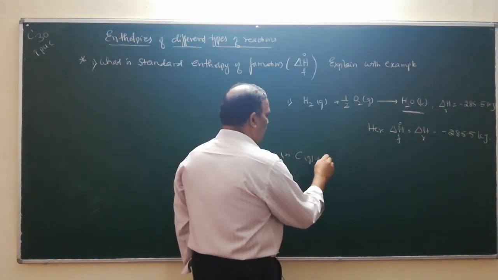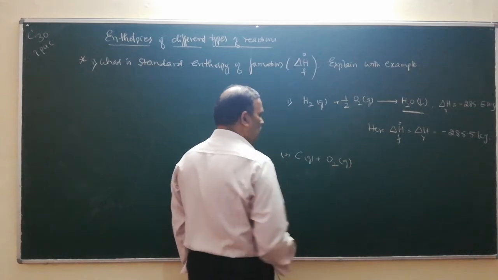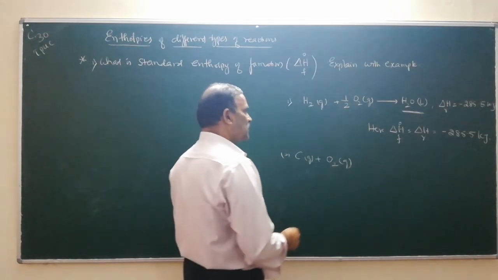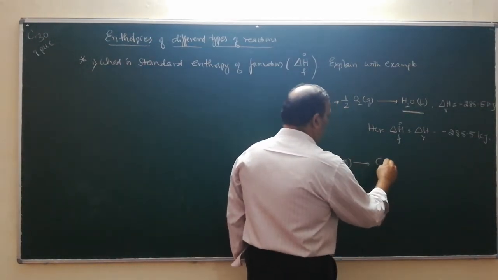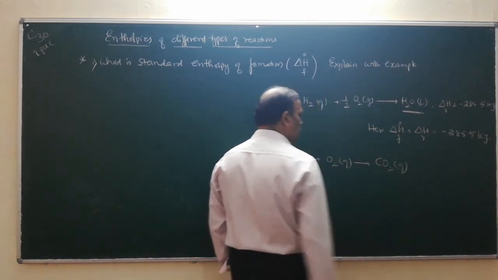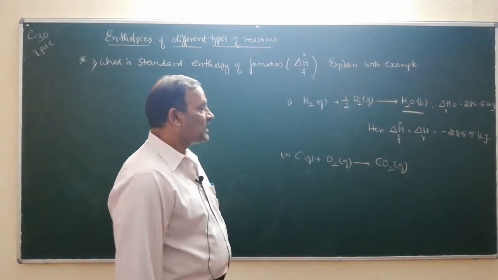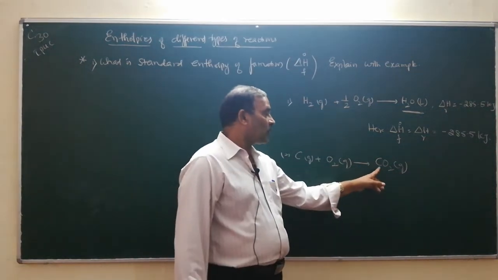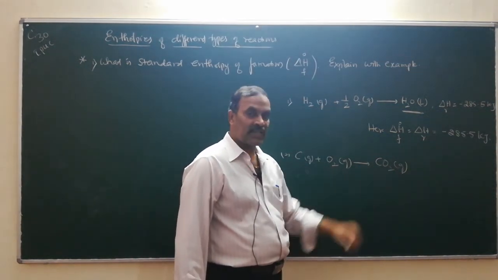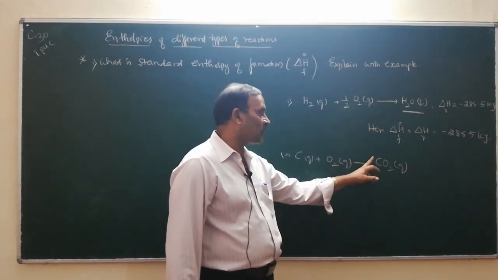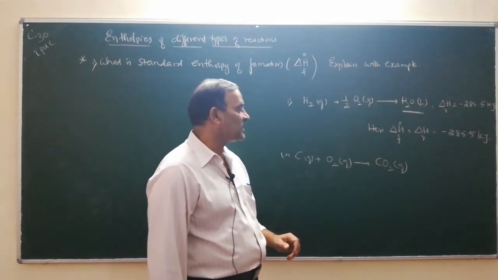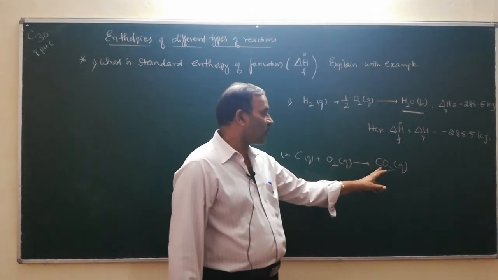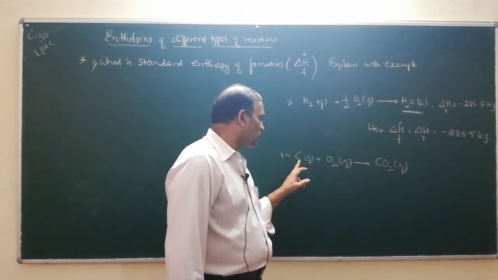C(s) plus O2(g), carbon combines with oxygen forming carbon dioxide, CO2(g). Here, what is the compound formed? The compound formed is carbon dioxide. How much compound is formed? 1 mole of compound is formed from its elements.